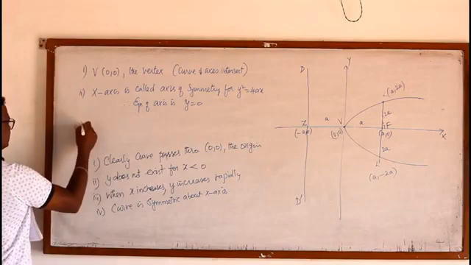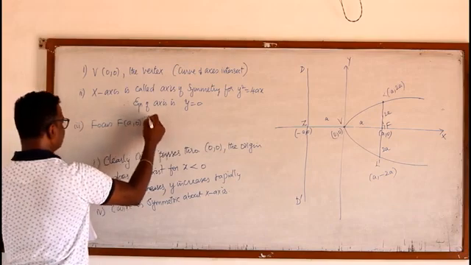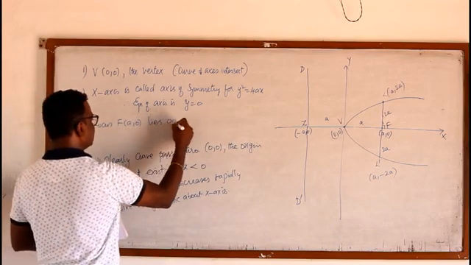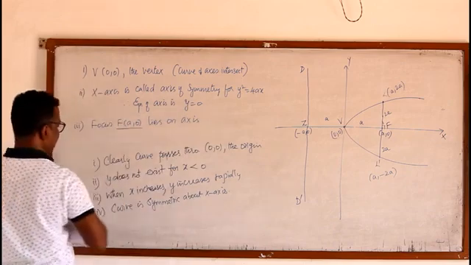The third one, focus F of a comma 0 lies on the axis. Focus is F of a comma 0.